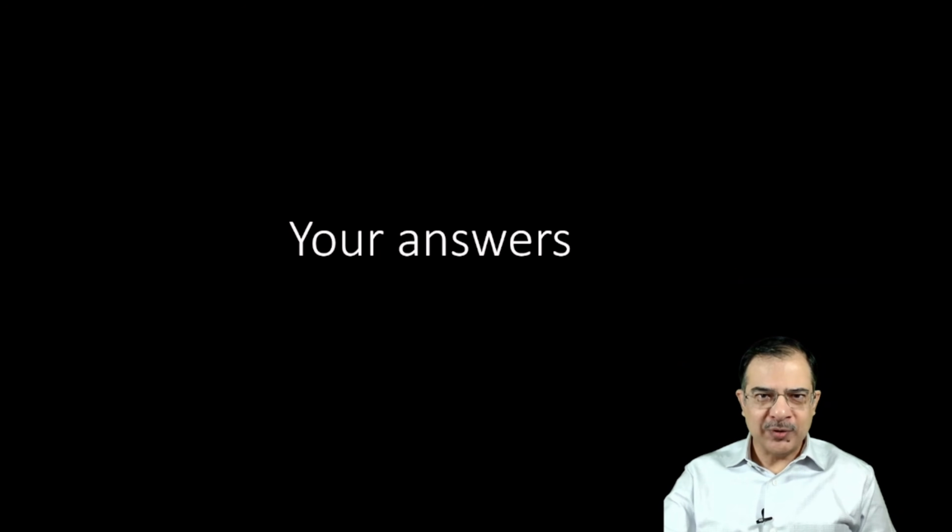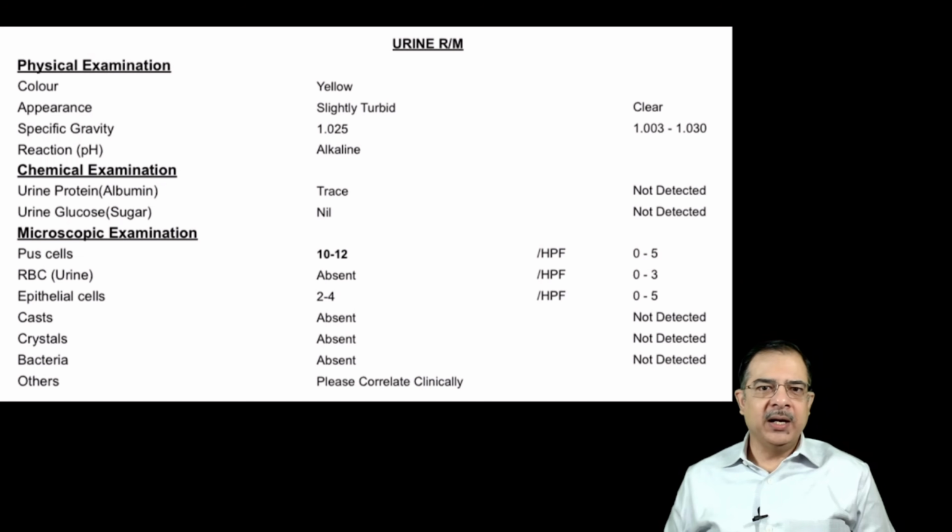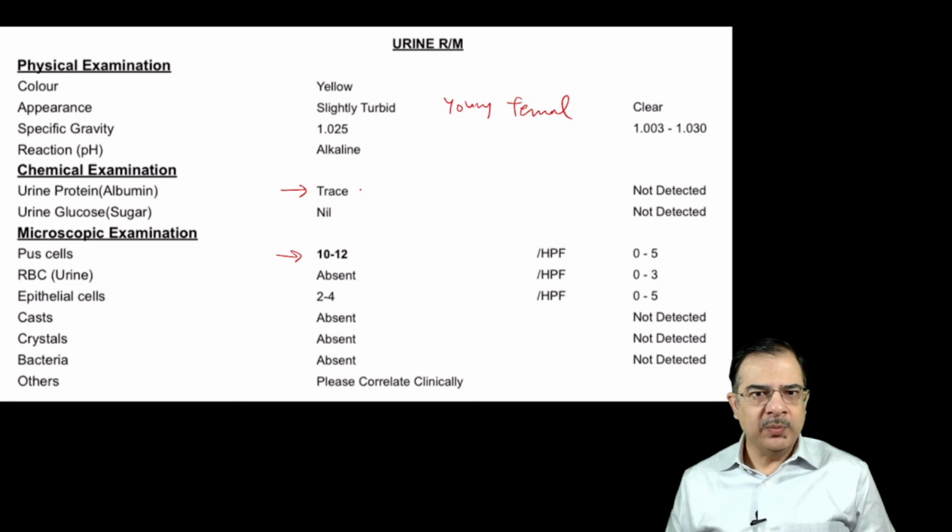Now your answers for practice, yes, be ready. This is the finding: urine proteins are trace and pus cells are 2 plus. The patient is a young female. So my question to you is, if the urine protein is trace in the presence of UTI, what will you do next? Will you go for a urine culture in this patient, or will you go for an ultrasound?